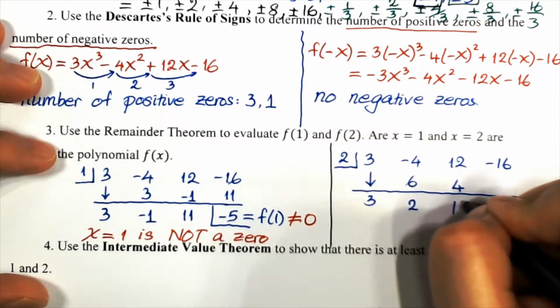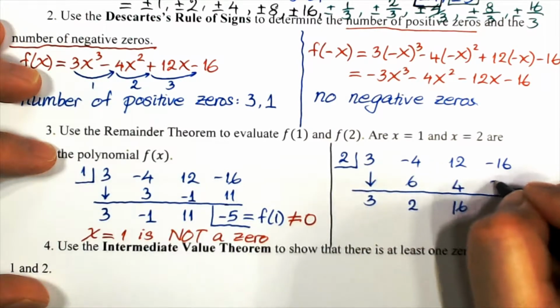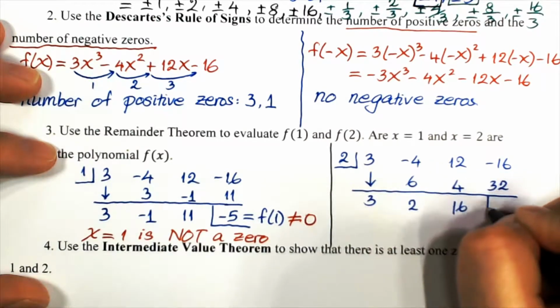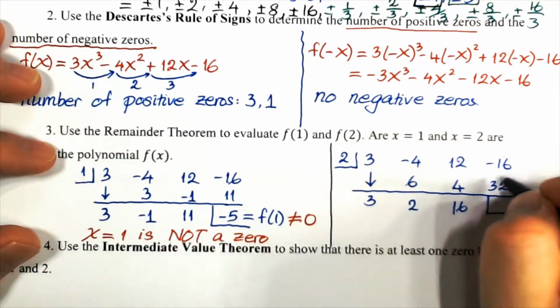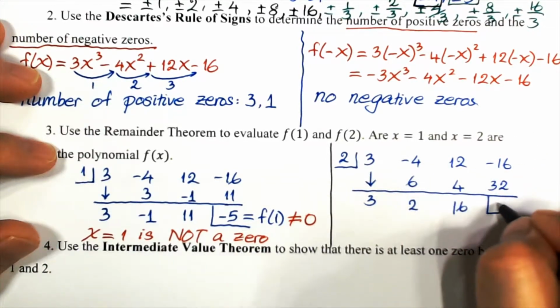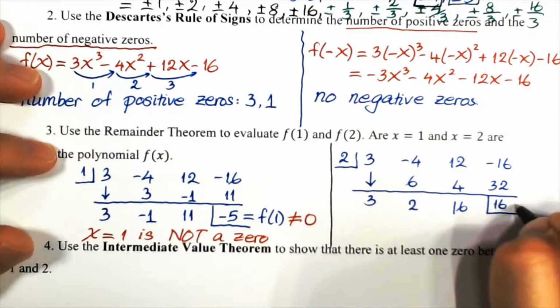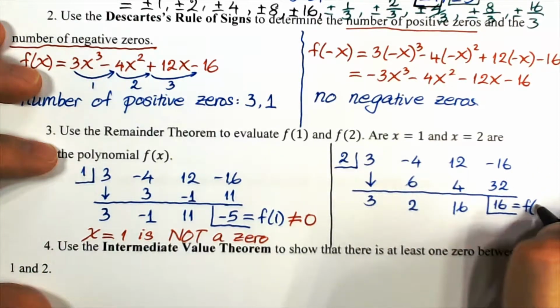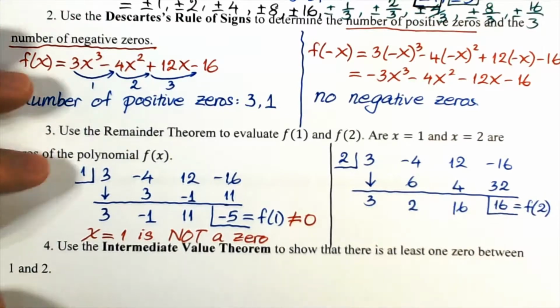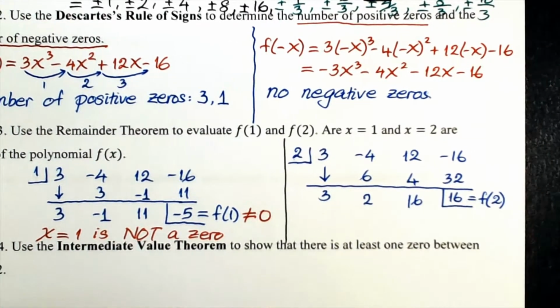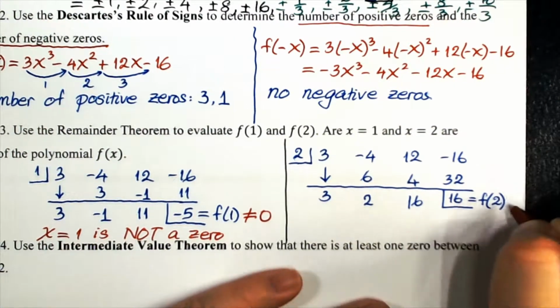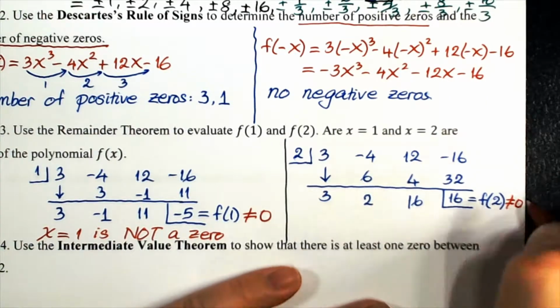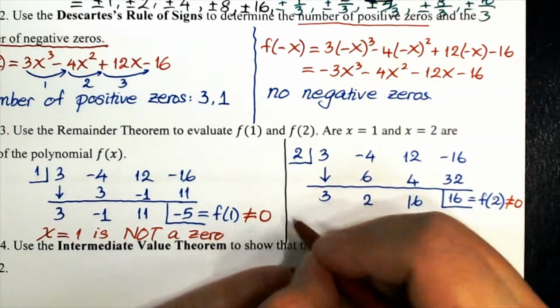Add gives us 16. 2 times 16 is 32. And 32 minus 16 is 16. And that is the value of f of 2. And that is not equal to 0. So 2 is not a 0.